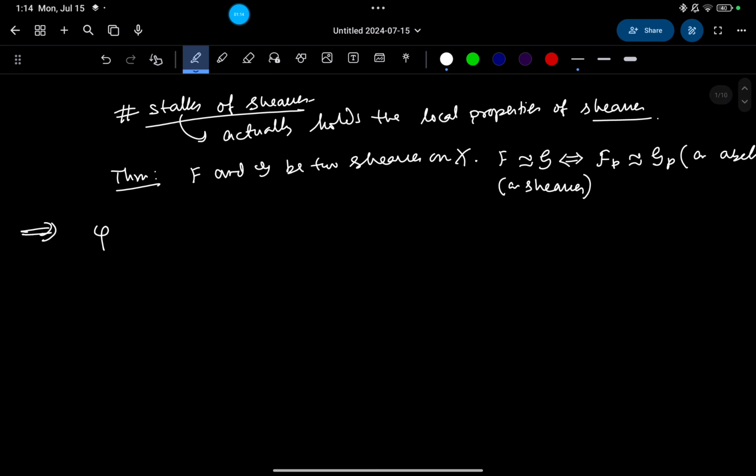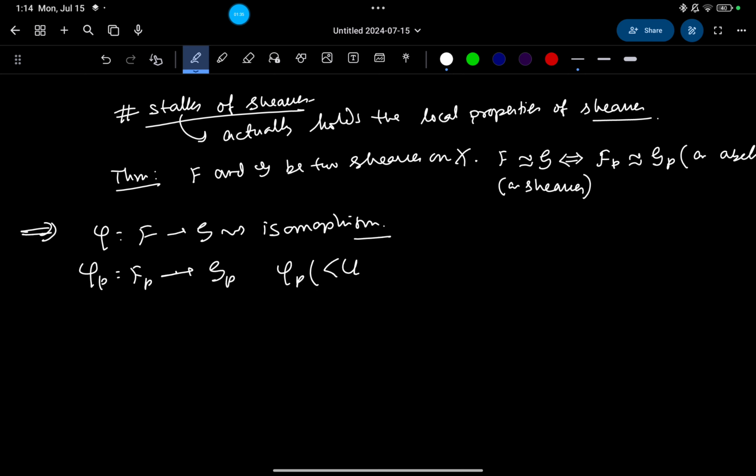So for example, suppose phi from F to G is an isomorphism of sheaves. How can I construct phi_p from F_p to G_p such that phi_p of (u, s) is defined as (u, phi_u of s)?